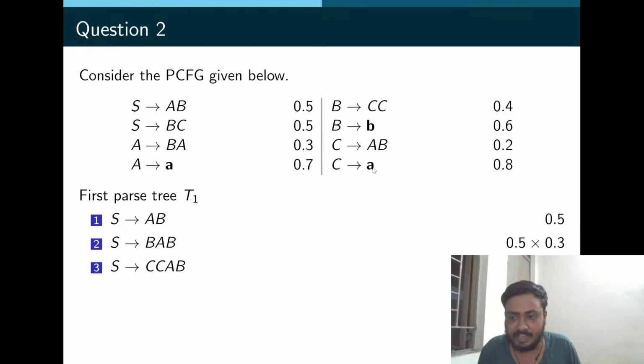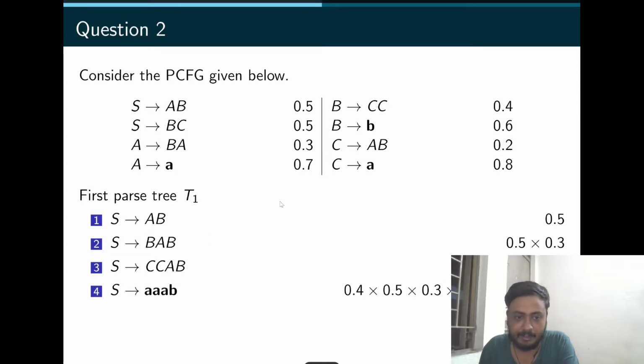So since C can generate A, so we do B, from B we use this rule, B gives CC, right? So we get CCAB. And now we know that this combination can give us the string we desire. Because C can yield A, can also yield A, and B will yield B.